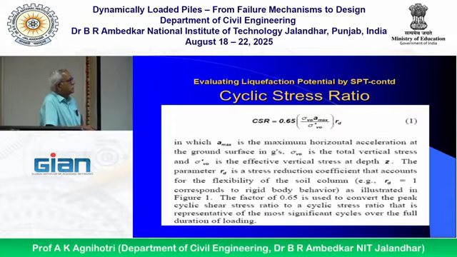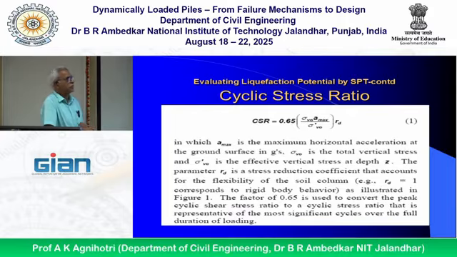So sigma V0 and sigma V0 dash. What is sigma V0? Overburden pressure, total, and sigma V0 dash is effective. If you have conducted the test at say 6 meters, and the water table is at 4 meters, then up to 4 meters it is gamma into 4, if soil is same, and beyond 4 meters it will be gamma submerged into 2 meters.